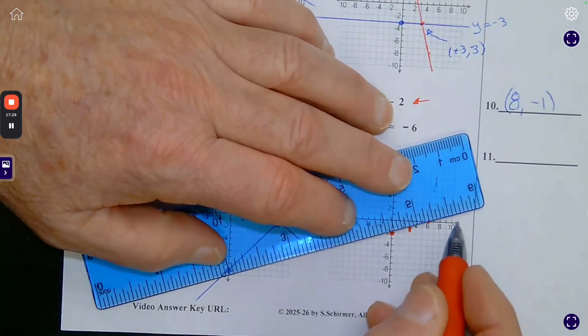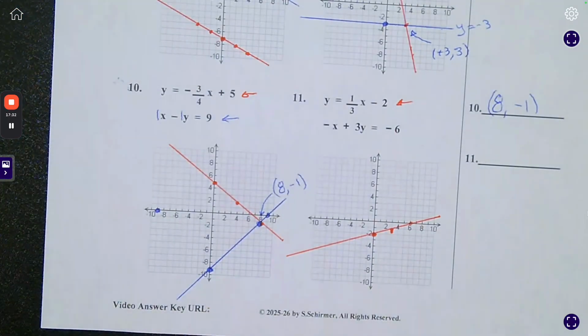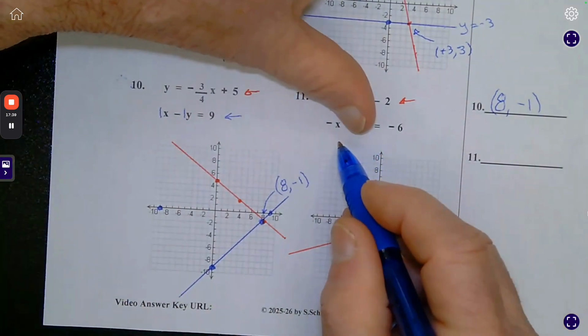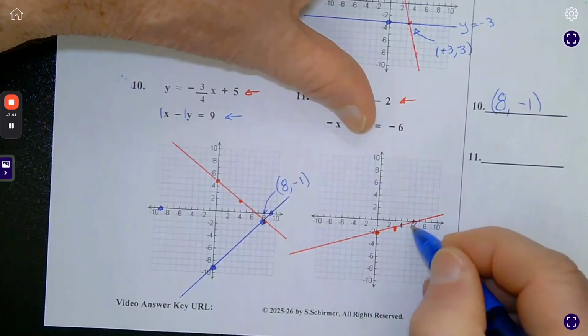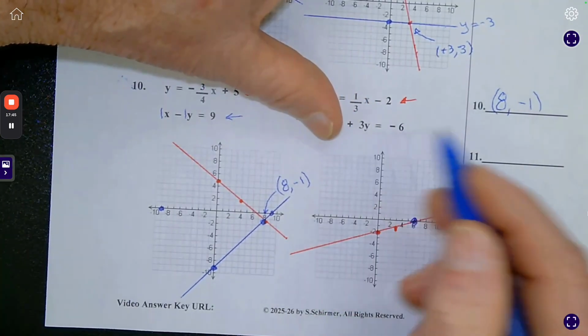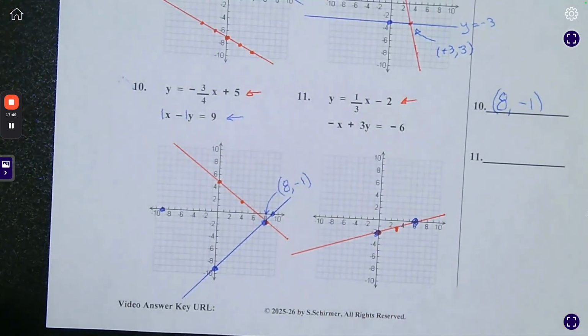Make sure you're accurate, please. All right, now I'm going to graph the other line. The other line has an x-intercept of -6 divided by -1. That's 6. Oh, there's my point of intersection right there. And then a y-intercept of -6 divided by 3. That's -2. What? There's another point of intersection.